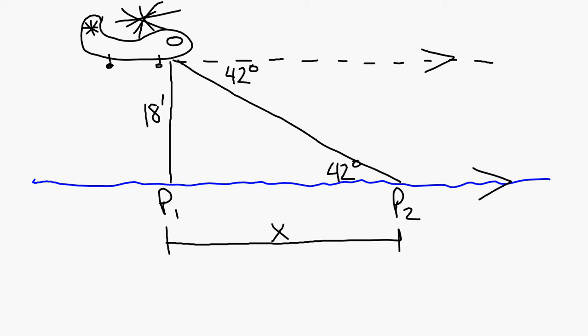Do you see how now it's an opposite over adjacent problem? It's a right triangle. Your height is perpendicular to the water level. So it's tan 42 equals opposite side, which is 18, over the adjacent side, which is x.